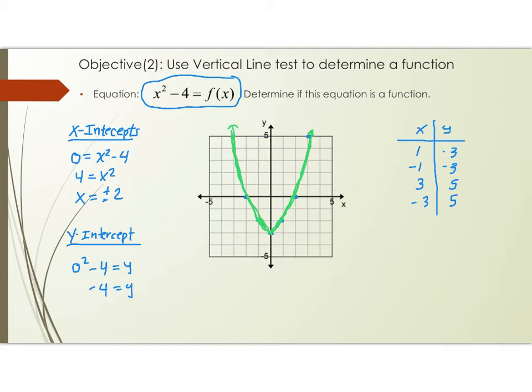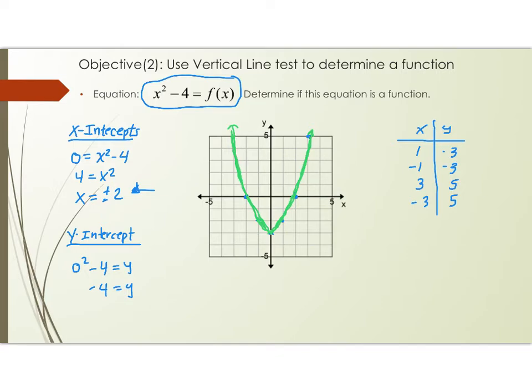When we do that, we get x is equal to plus or minus 2. So we plot those 2 points. We know for a quadratic equation, it's going to be a parabola, so there's going to be a vertex.